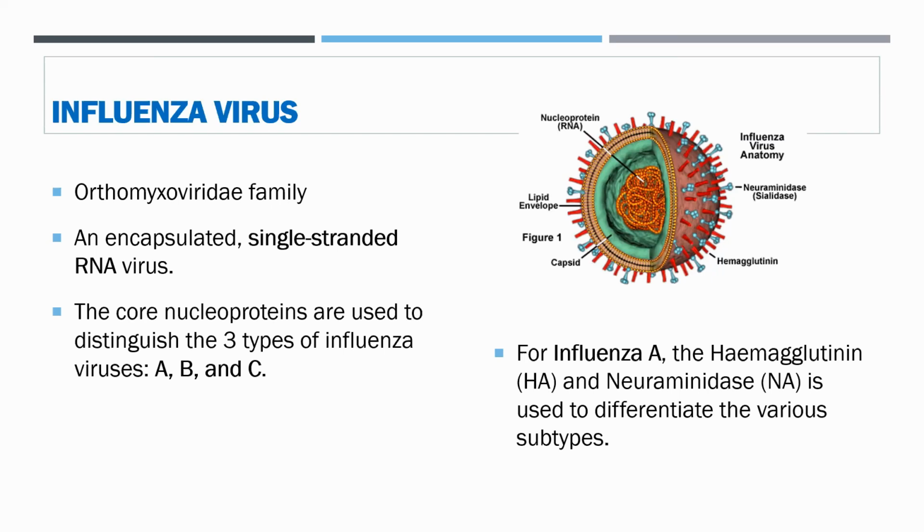That's why when you read influenza A, the strain is always read as H1N1 or H3N2, for instance. H stands for hemagglutinin, N is the neuraminidase.